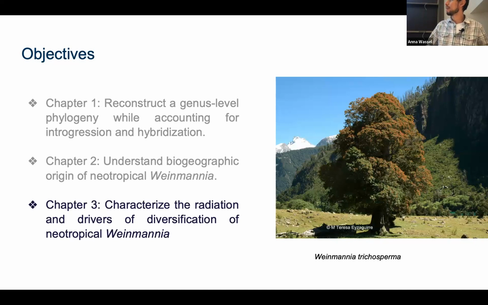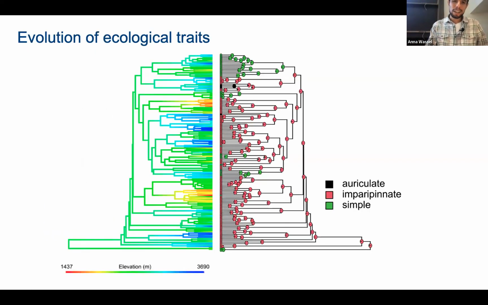Finally, I'll talk a bit about my last chapter, which will be characterizing the radiation and drivers of diversification of neotropical Weinmannia. This is the chapter that needs more conceptual development, so any feedback is appreciated. Just to explore the evolution of some ecological traits, I did an ancestral state reconstruction for leaf type and also for elevation.